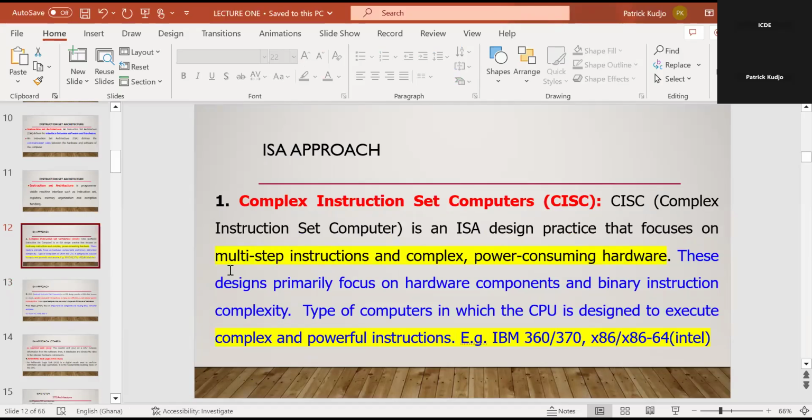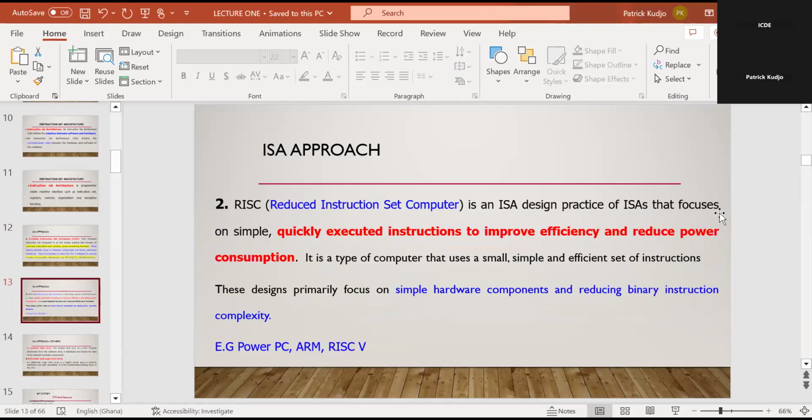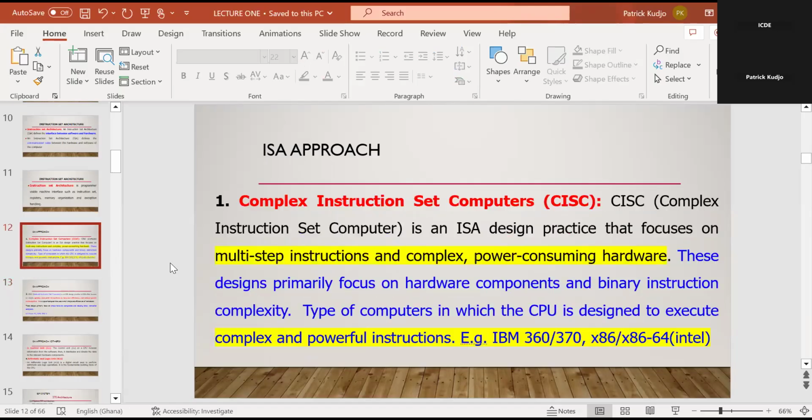If you remember, multi-step instructions. The reduced is focused on simple, quickly executed instructions. This one is focused on complex instructions. These are some of the distinctions between the complex instruction set computers and the reduced instruction set computers.